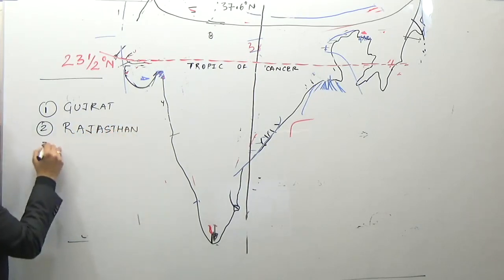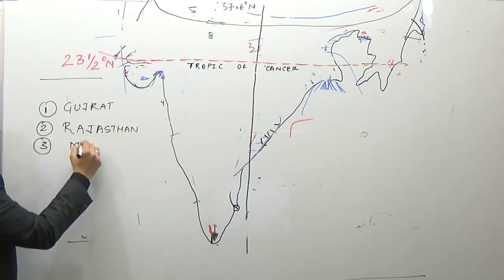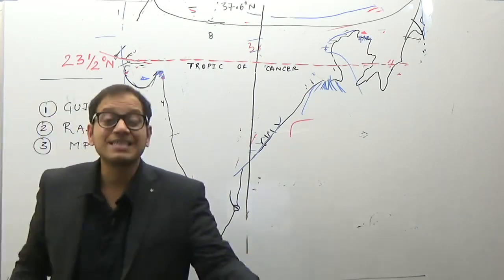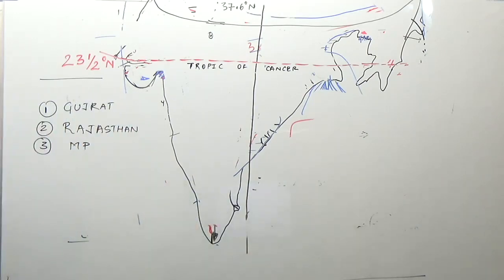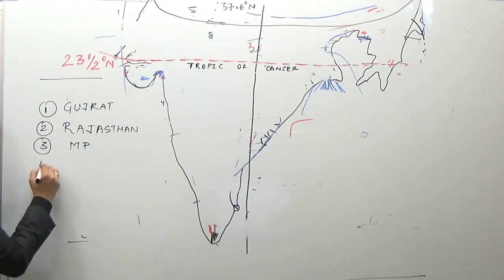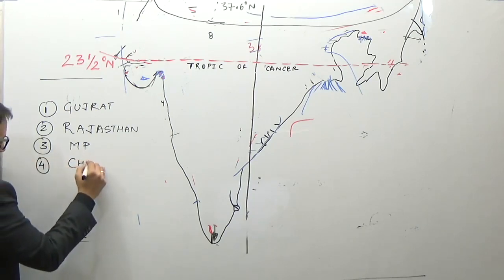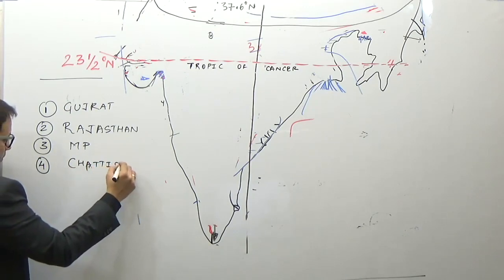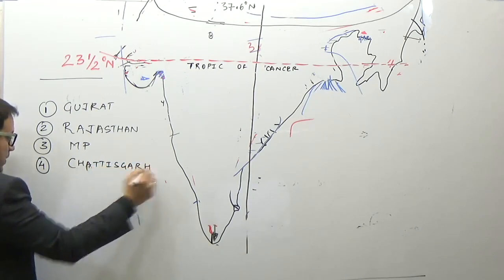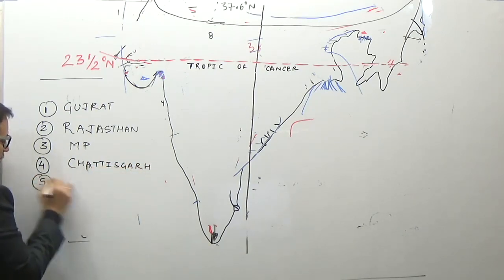The third state is the state of Madhya Pradesh. The fourth state is the state of Chhattisgarh. The fifth state is the state of Jharkhand.